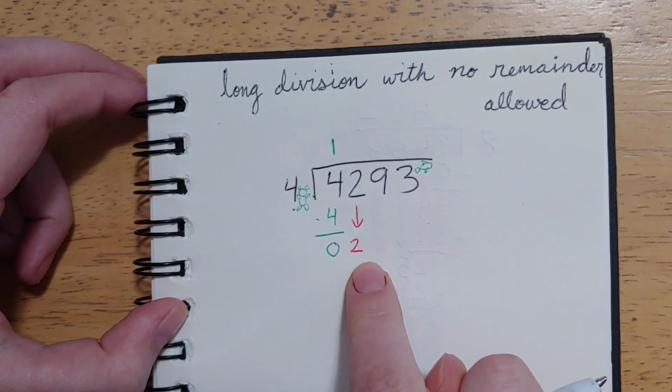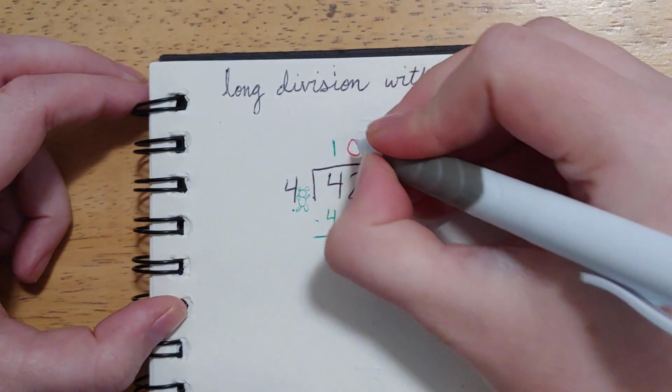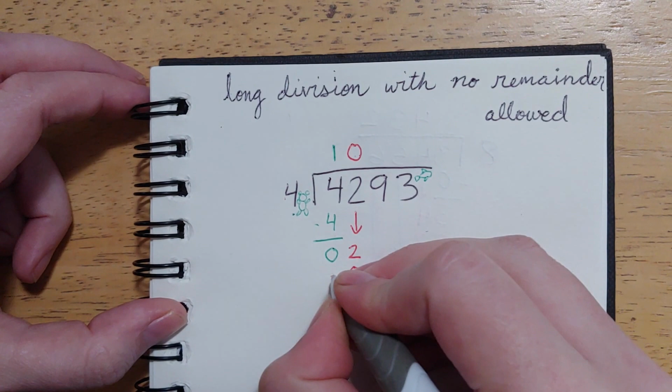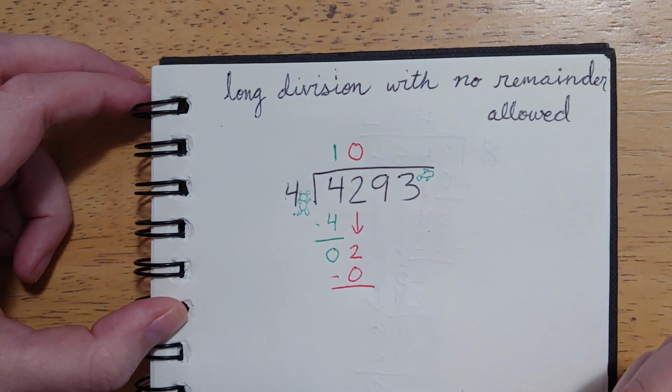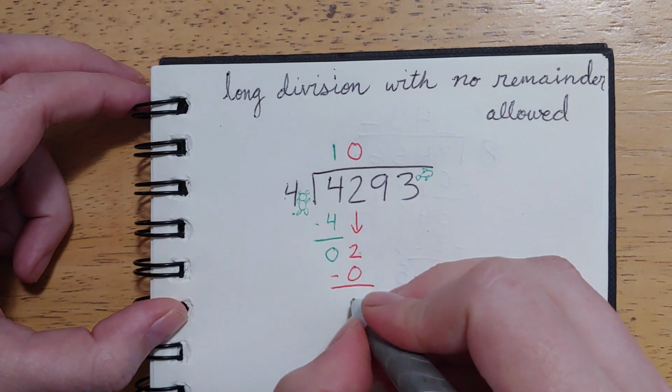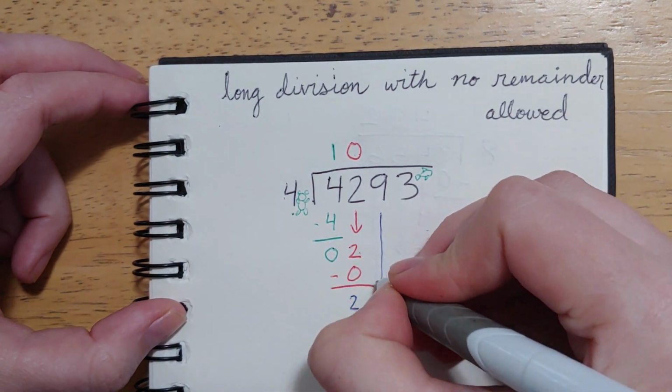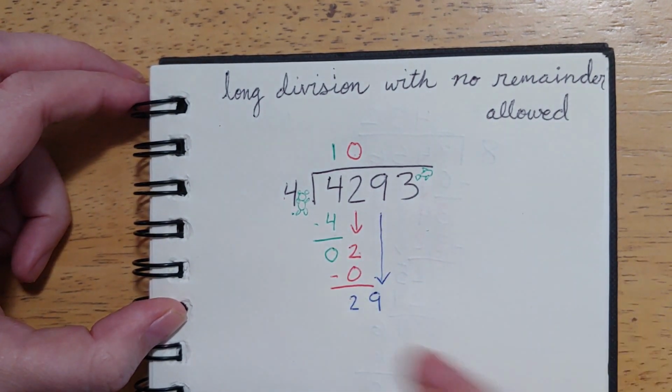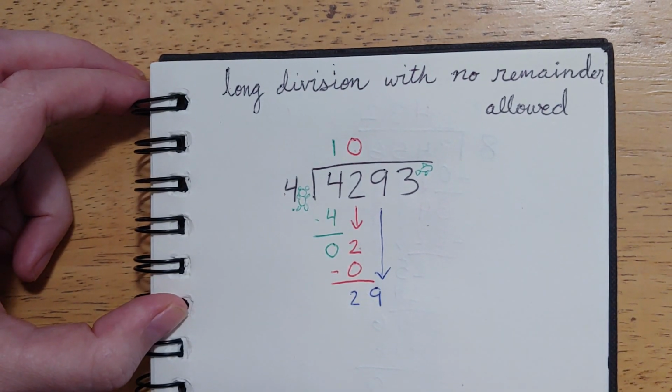4 goes into 2, 0 times. 4 times 0 is 0. We didn't use up any because we couldn't share that out. 2 minus 0 is 2. Bring down our tens place. Now we have 29. 4 goes into 29 how many times?